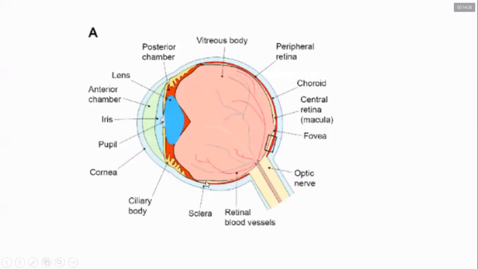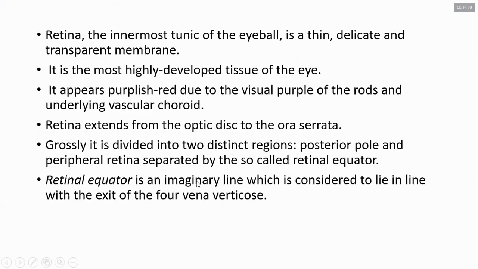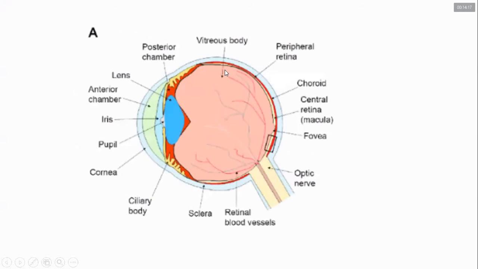So what is the posterior pole and the peripheral retina? Posterior pole is the area which you can see with the help of the direct ophthalmoscope. If you do fundoscopy, you will not be able to see the whole of this retina.